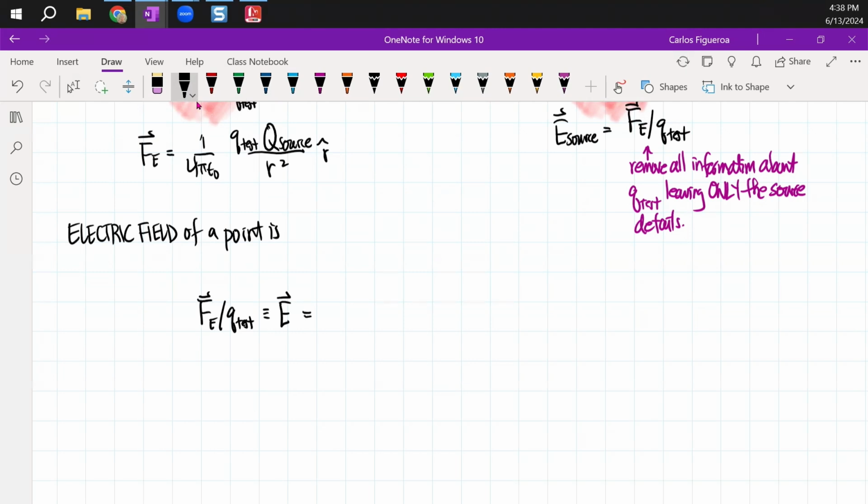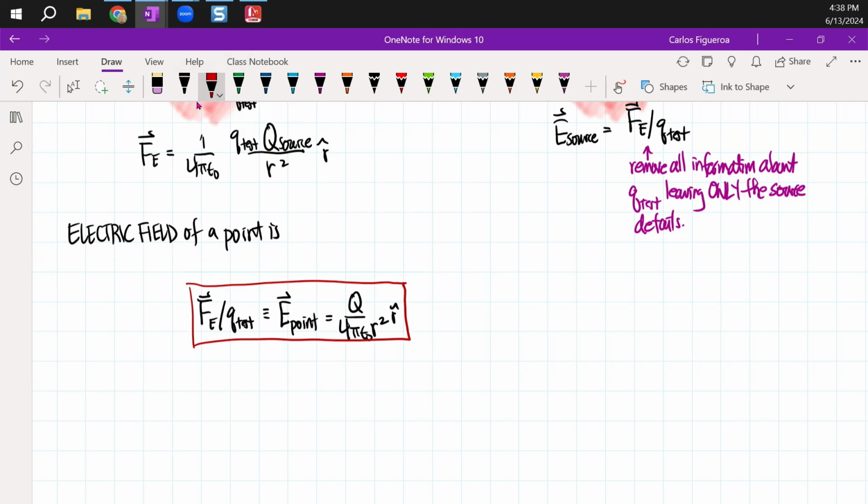By the way, I should have written this and I didn't: this is the electric field of a point, which is 1 over 4 pi epsilon, and I divided out Q test. So this becomes r squared in the denominator times Q, the source, and it gives me that. This is the definition of an electric field of a point. Over here to the right, E source equals the force divided by the charge, that is the electric field.